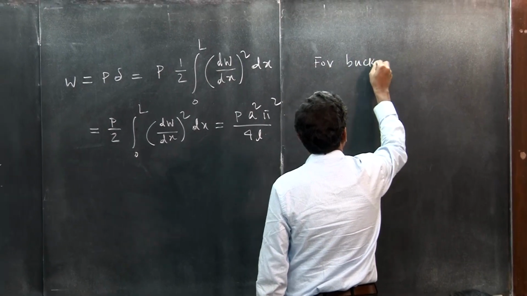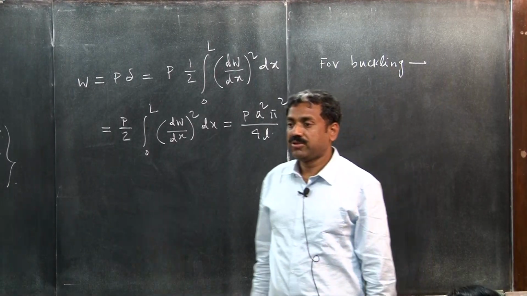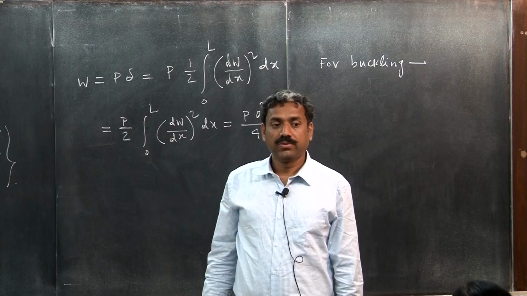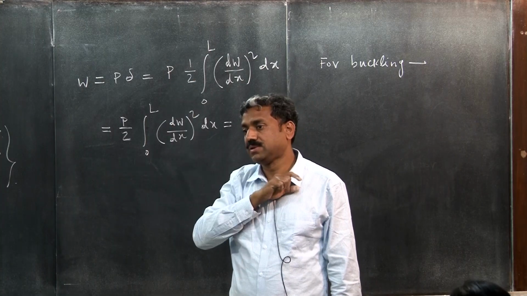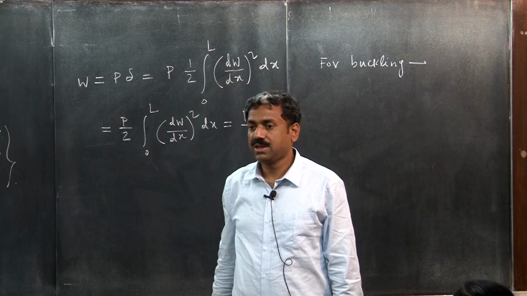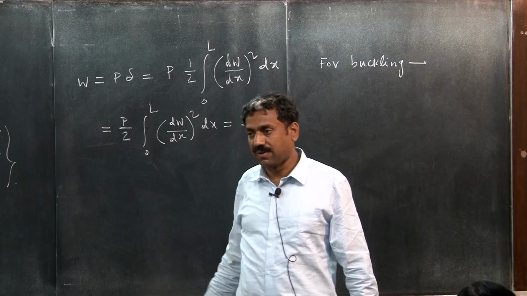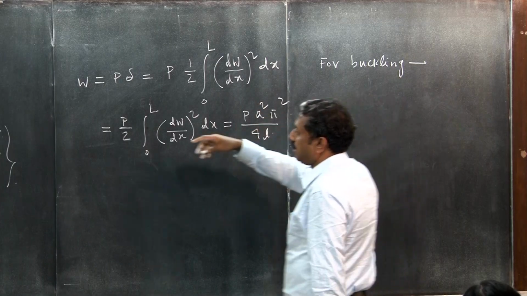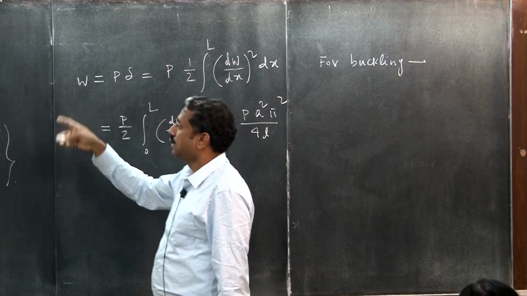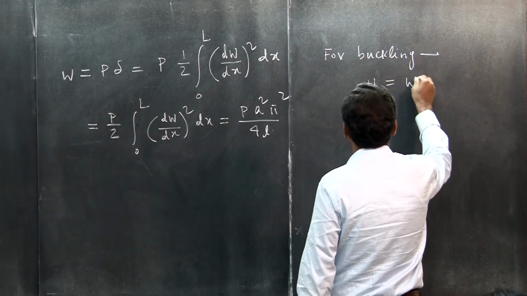Now for buckling, for critical load, what we have seen is what happens energetically. I am standing here, right? So during buckling, whatever axial force is applied, that axial force is going to work on me, right? And then that will allow me to do out of plane deflection, right? The buckling is happening, right? So instead of writing U and W, you can write delta U, delta W. So I am just writing U to W, okay?